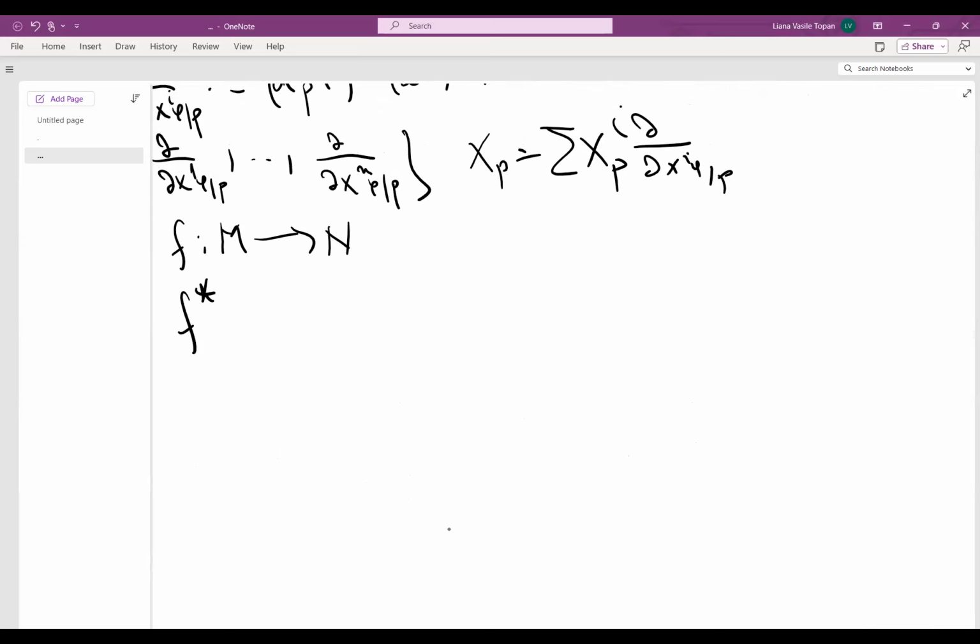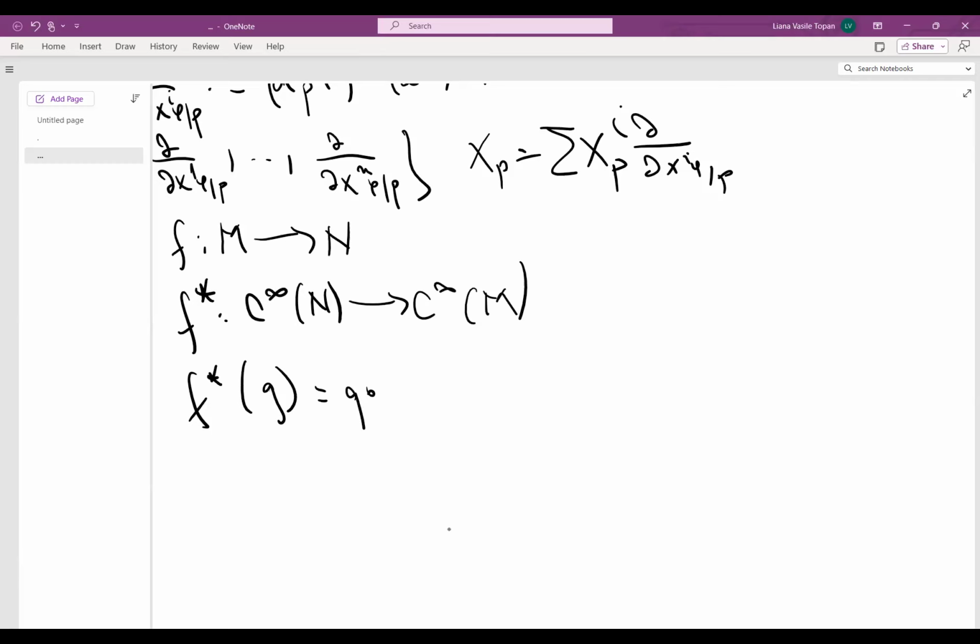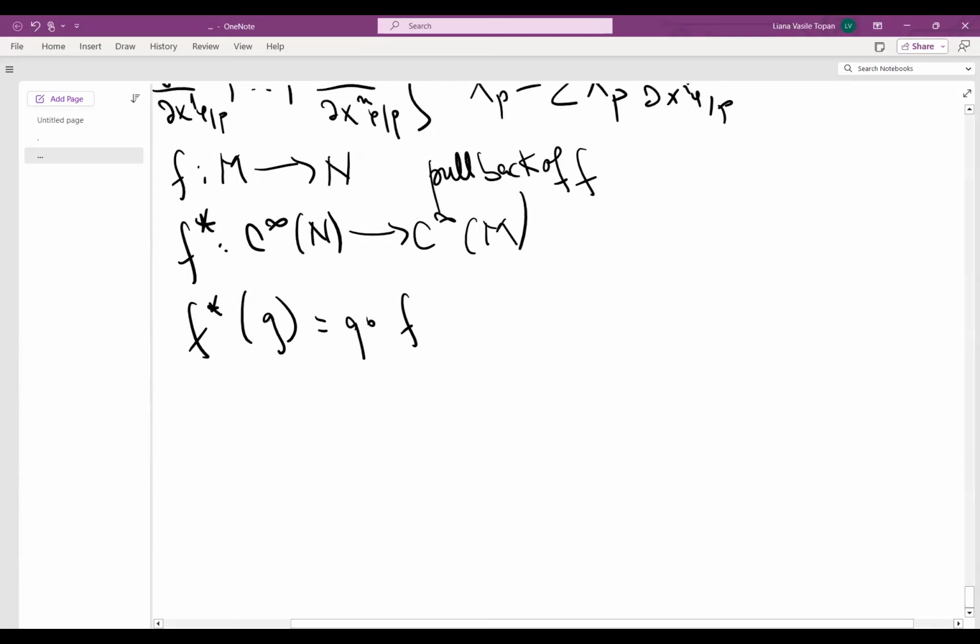So f star is defined like that, which goes from the real algebra of smooth functions defined on N into smooth functions on M, and f star of some function g, whatever, is g composed with f. The pullback of the function g.